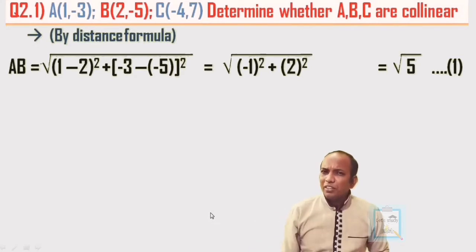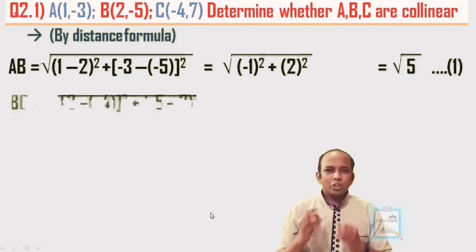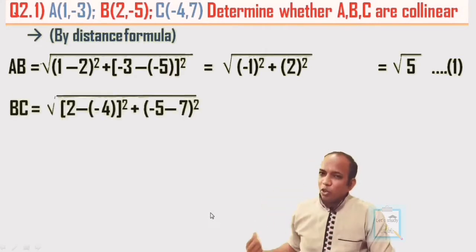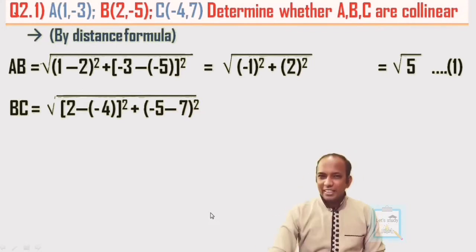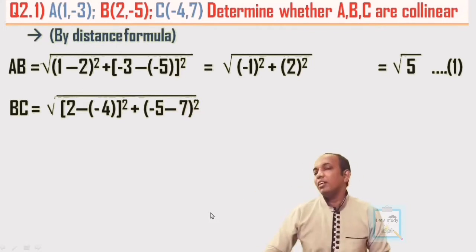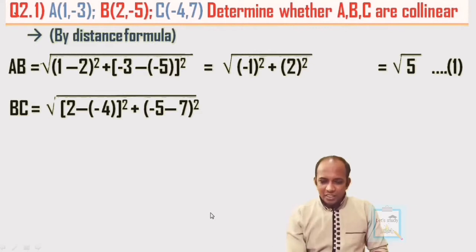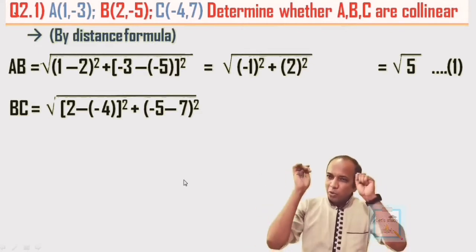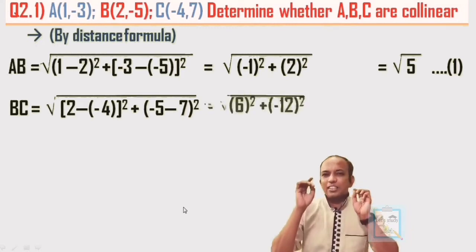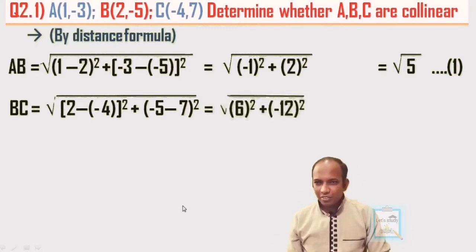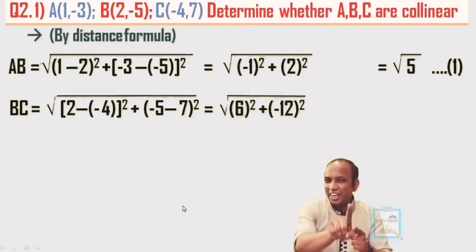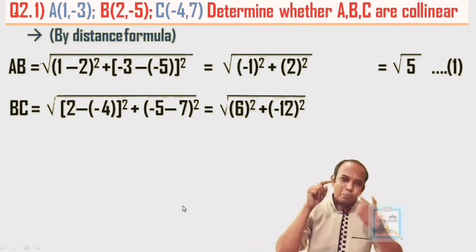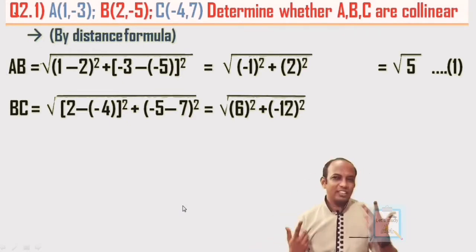Now start solving to calculate the distance BC. The moment you substitute the values, we get 2 minus negative 4 the whole square, right? Then minus 5 minus 7 the whole square, correct? The moment you carry out the subtraction, you get 6 square for the first bracket, right? Yes, of course, negative and then minus 4 will result in plus 4, and 2 plus 4 results in 6.